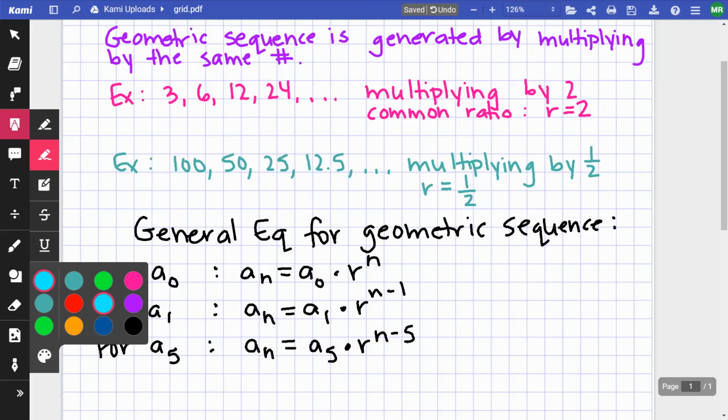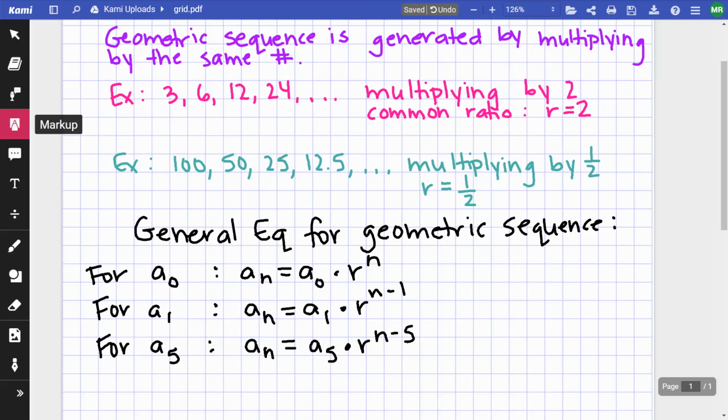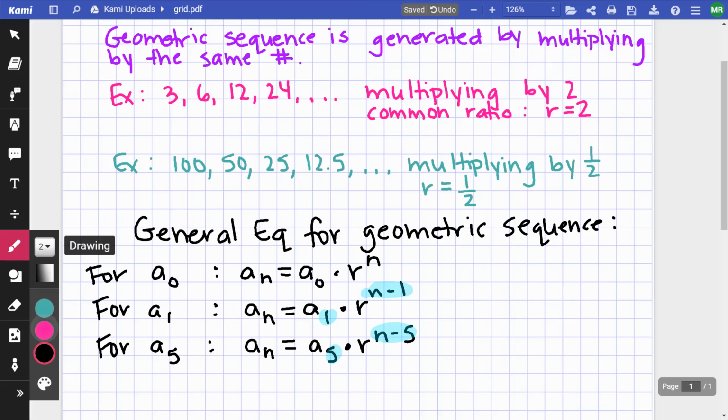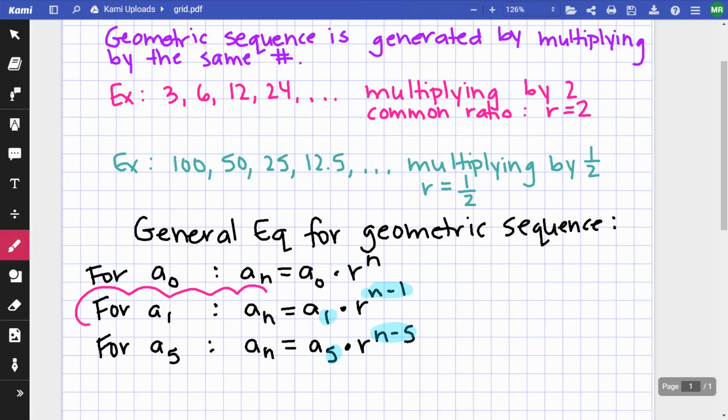So if I have a sub 1, this is n minus 1. If I have a sub 5, this is n minus 5. But usually we will be starting with our first term in our sequence.